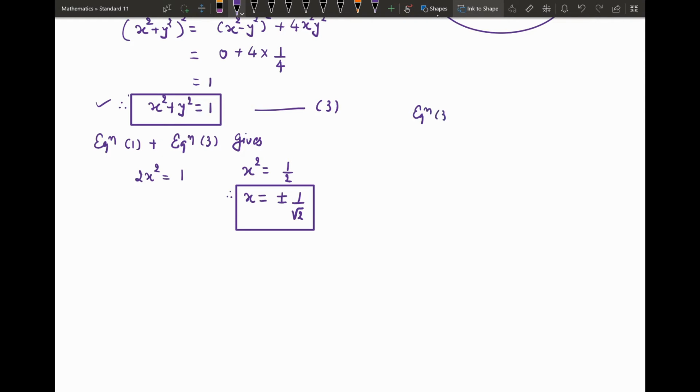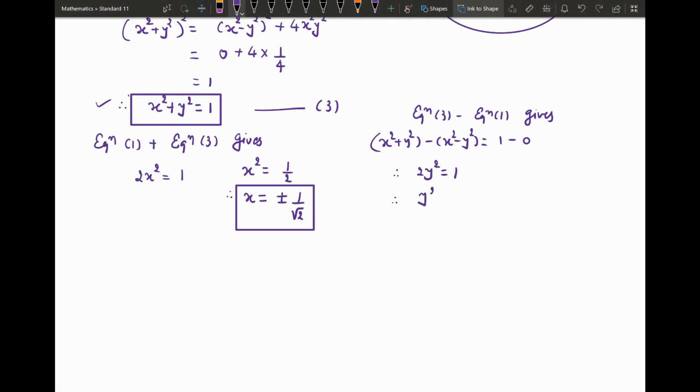Now equation 3 minus equation 1 gives x square plus y square minus x square plus y square equal to 1 minus 0. So again we will get 2y square equal to 1.